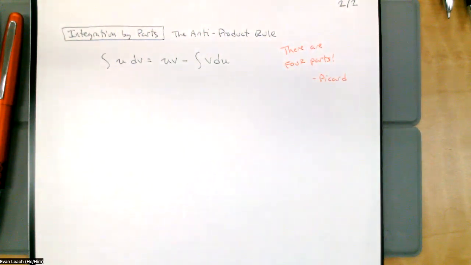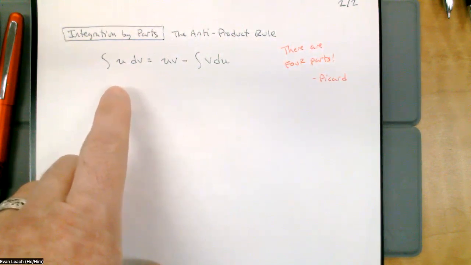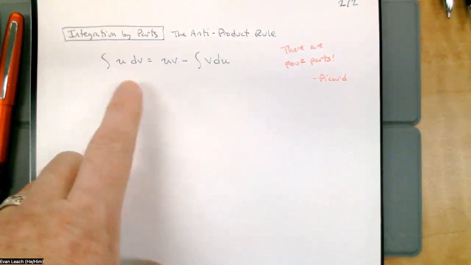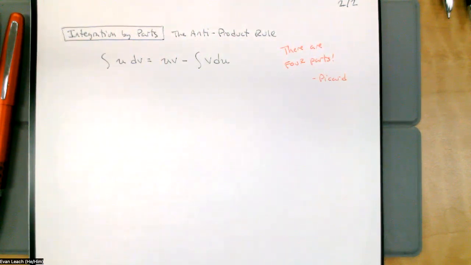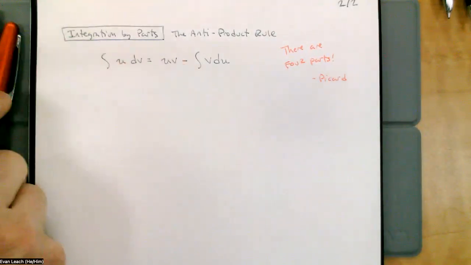Over here on the left, that's the integral that you're handed. And so these are the 2 parts that you have to decide on. You choose which one is u, you choose a dv. So these are your given parts.